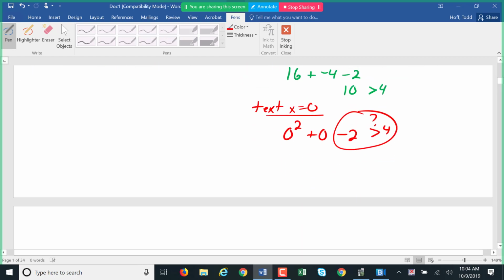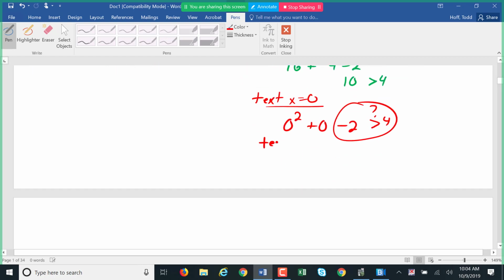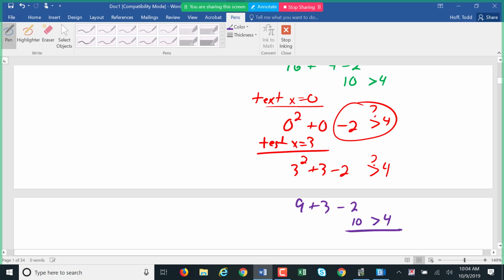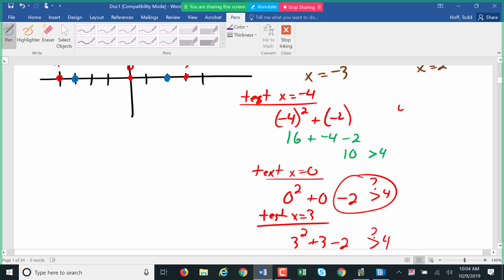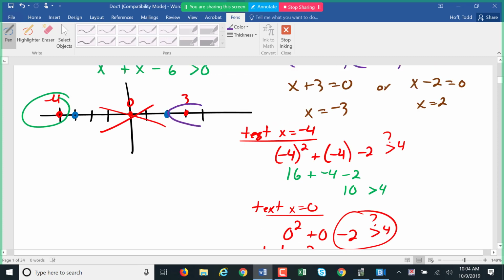So let's test x equals 3. That's going to be 3 squared plus 3 minus 2. Is that greater than 4? Well, 3 squared is 9, 9 plus 3 is 12, minus 2 is 10. That is definitely greater than 4, so we are true out here.